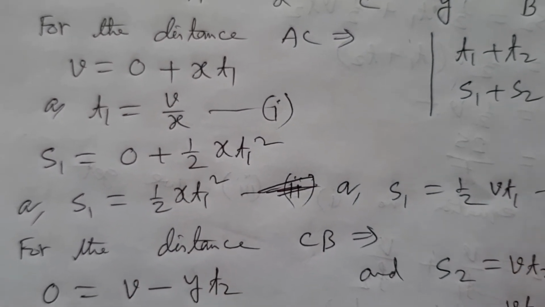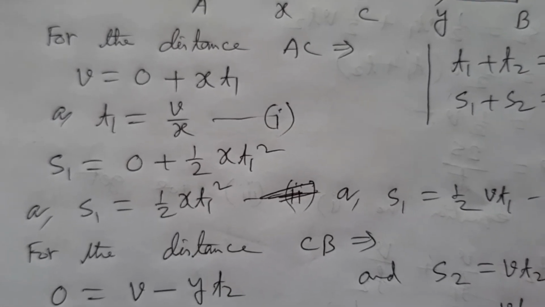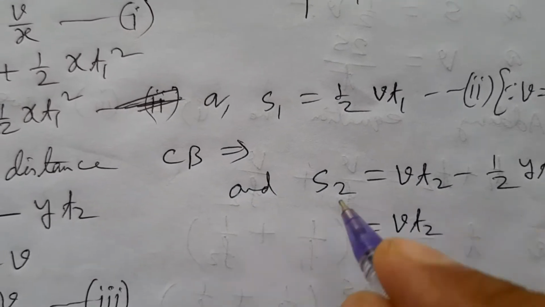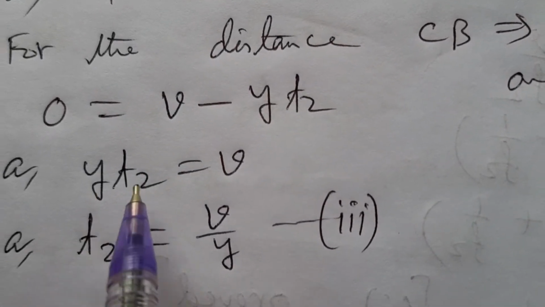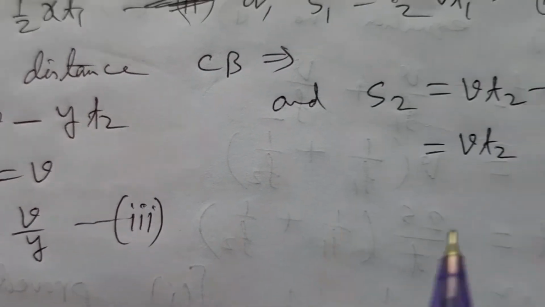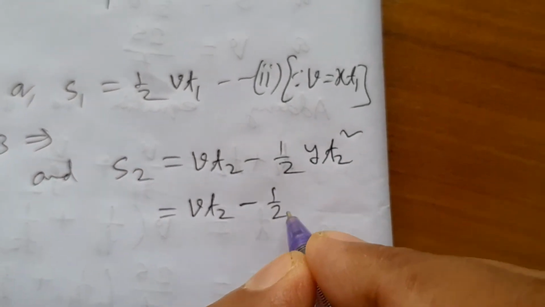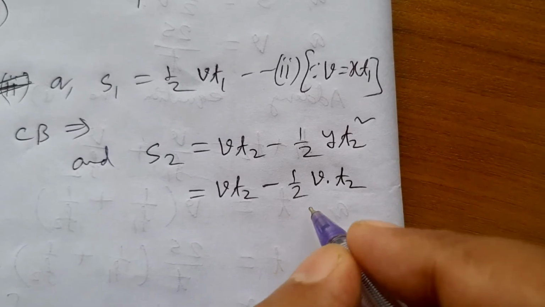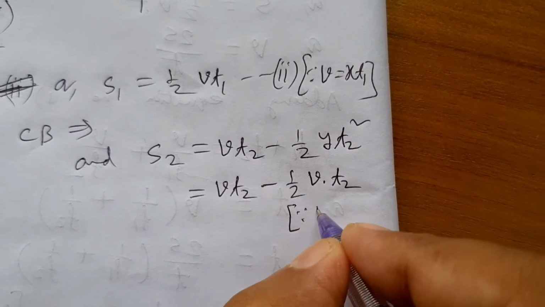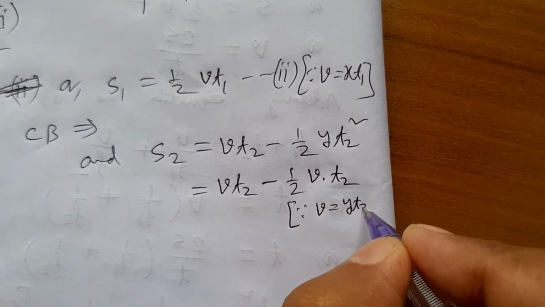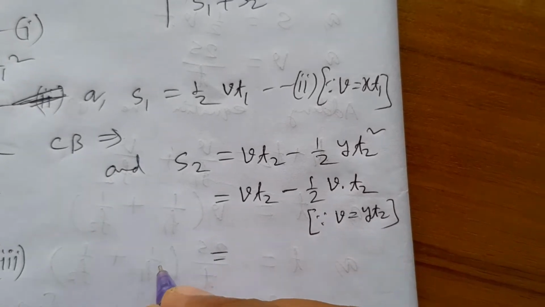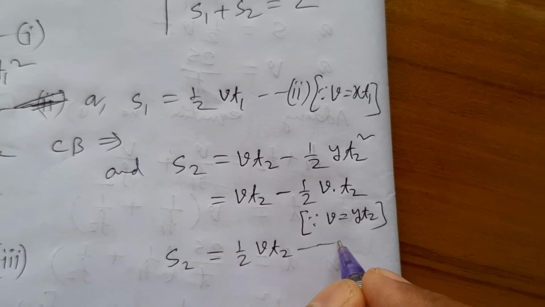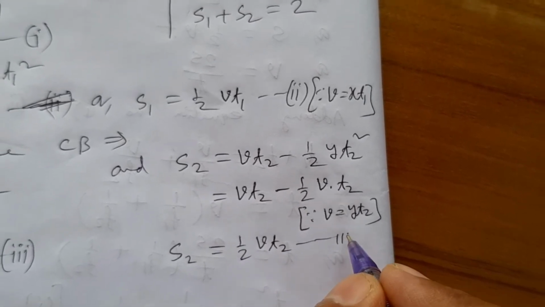This is equation 2, since v is equal to x t1. Similarly, y t2 is equal to v, so we can write s2 is equal to half of v t2. This is equation number 4.